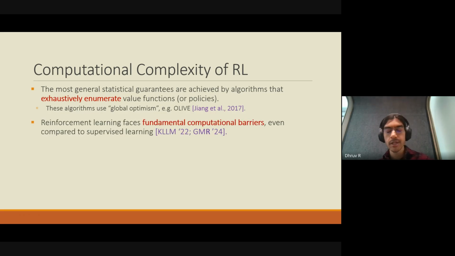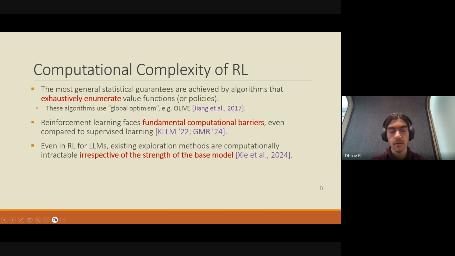And there's also some fundamental computational barriers saying that maybe we cannot hope to get provable fast algorithms for reinforcement learning. And as we'll see, even in reinforcement learning for language models, where you have this pre-trained language model to help you do reinforcement learning, existing methods for exploration seem to be computationally intractable.